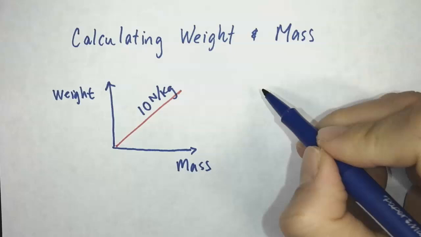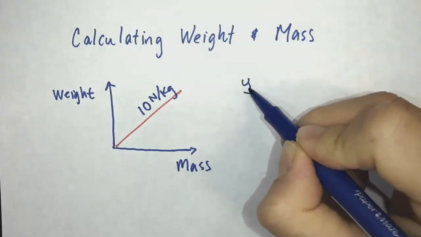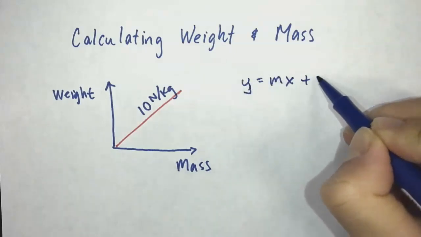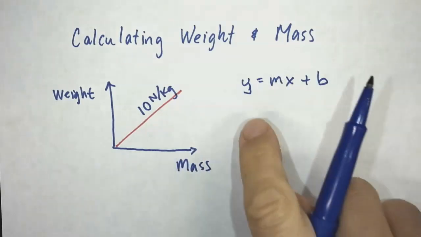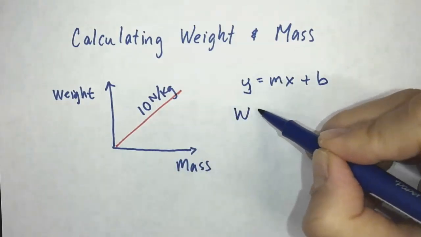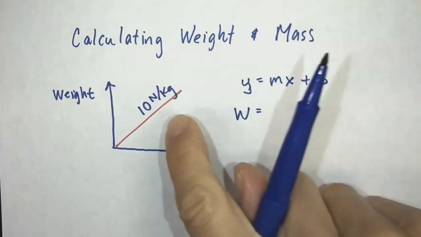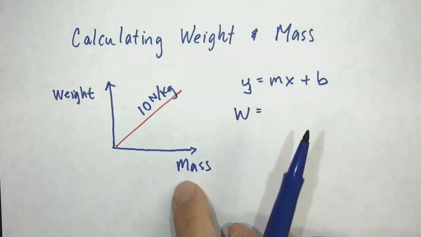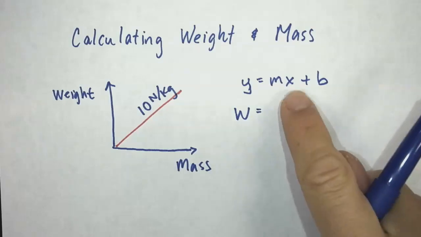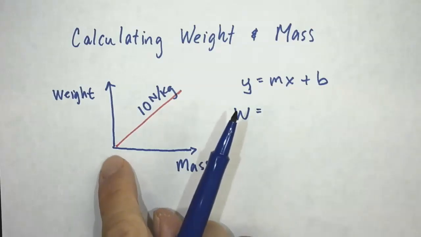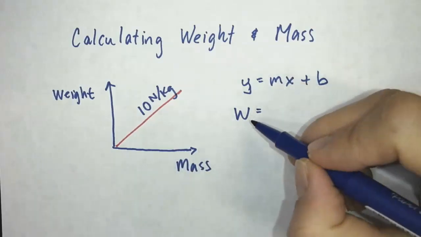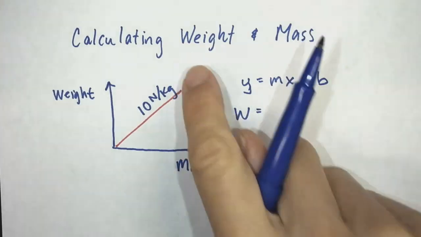Okay. And then using our slope-intercept equation, y equals mx plus b, we can see that the weight, W for weight, is equal to the slope, 10, times x, the mass, which is the x variable. B is going to be 0 because there's no y-intercept. I'm going to just switch the mass and the slope here.